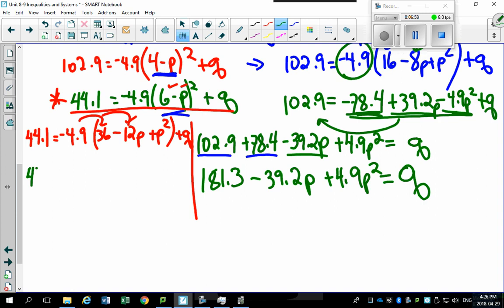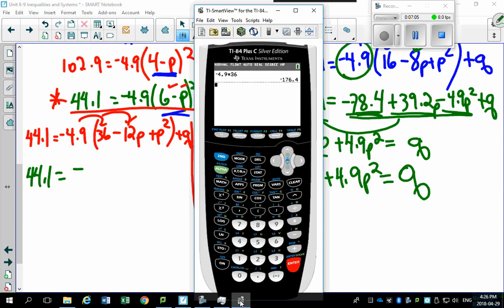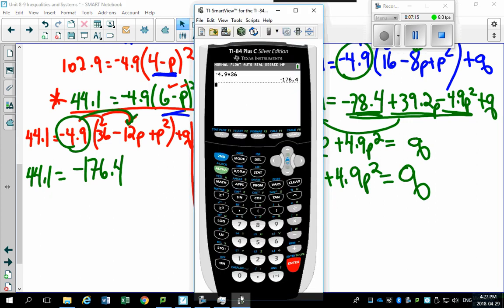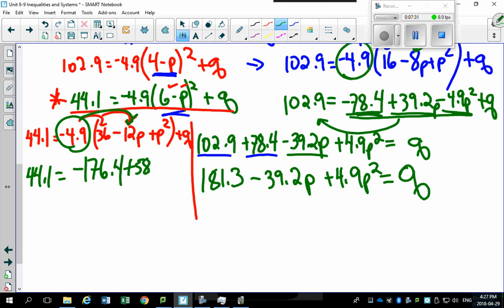So 44.1 equals minus, what was it again? 176.4, minus 4.9 times a minus 12 works out to be positive 58.8. Positive 58.8p minus 4.9p squared, and then plus q.